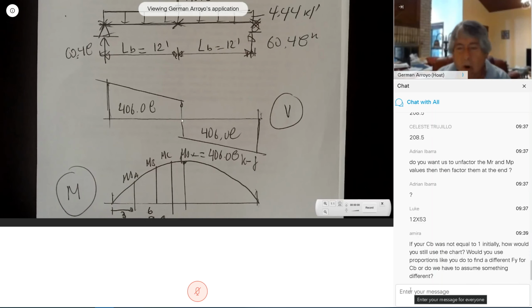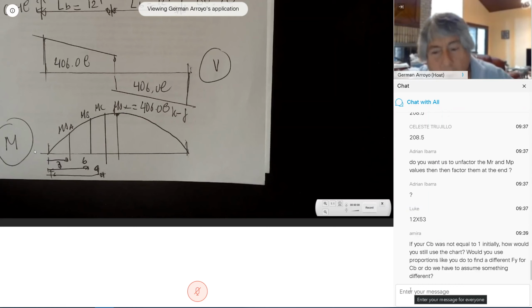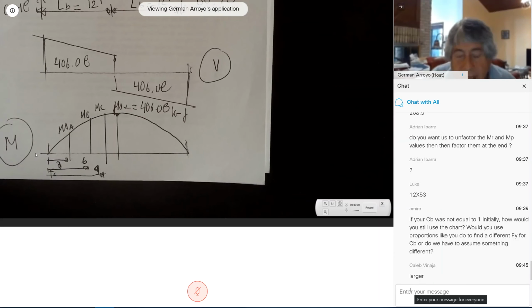It makes no difference. You have to consider 1/4, 1/2, 3/4 of the embrace length. And based on what we have done before, is C sub B going to be equal to 1 or larger than 1? Anybody? Larger than 1. So it's going to be larger than 1.